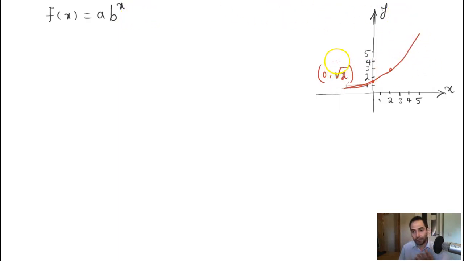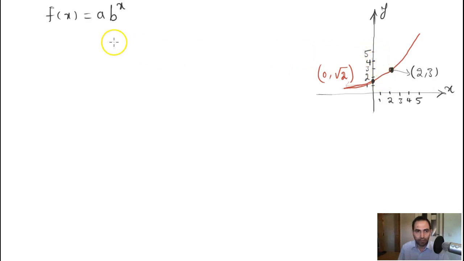Otherwise you could not just simply take this graph, use this general form and write an expression. For example, you already know that you have a point here, 2, 3, and another point here, 0, square root of 2.